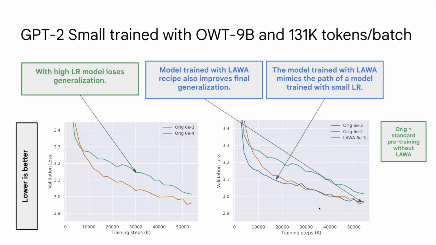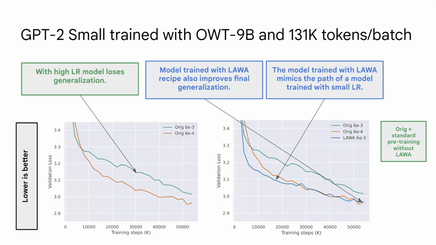So, to your right in the plot, we see that if you don't want to lose generalization, you can use this latest averaging technique. Even with a higher learning rate, it mimics the path of the lower learning rate, 6e-4, and at the final end, it doesn't lose any generalization.